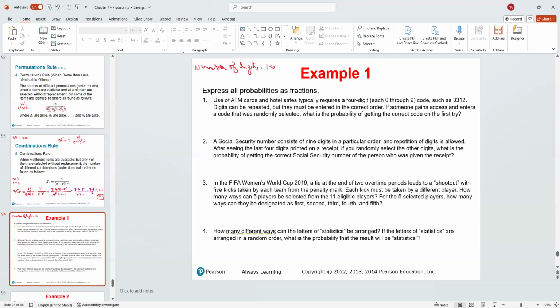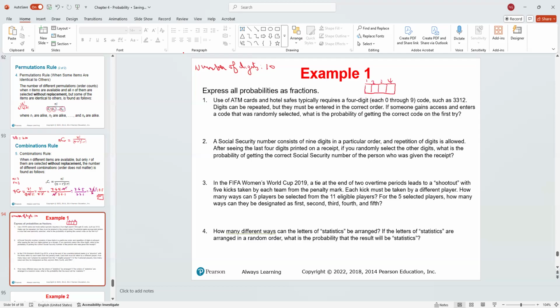So you have 10 digits, and you need a 4-digit code: 1, 2, 3, and 4.